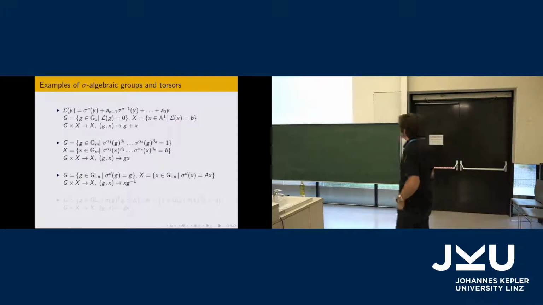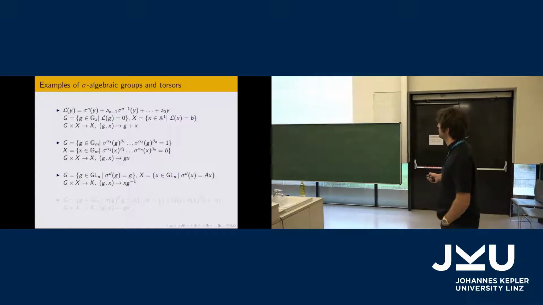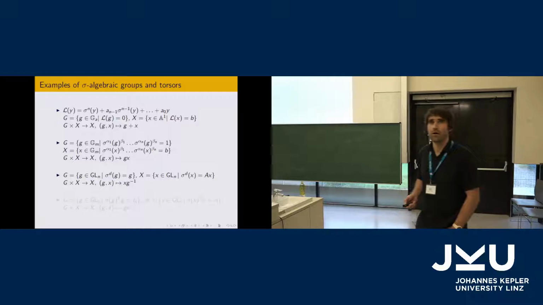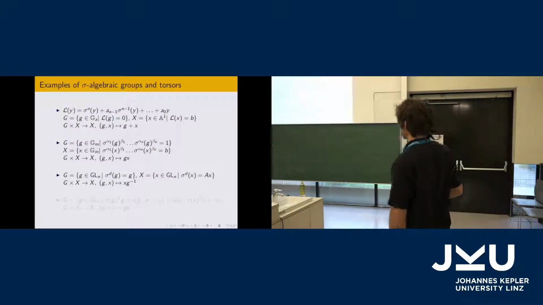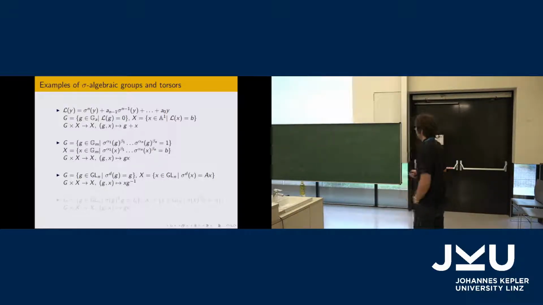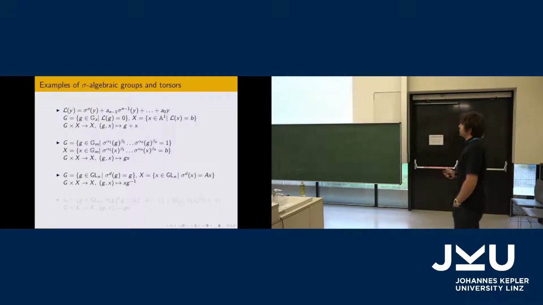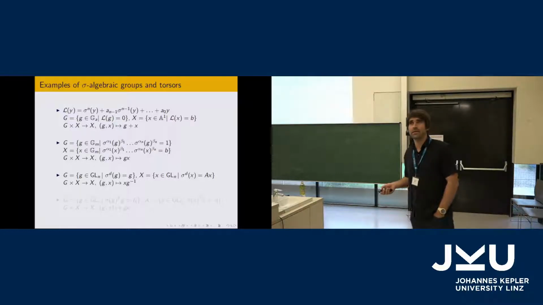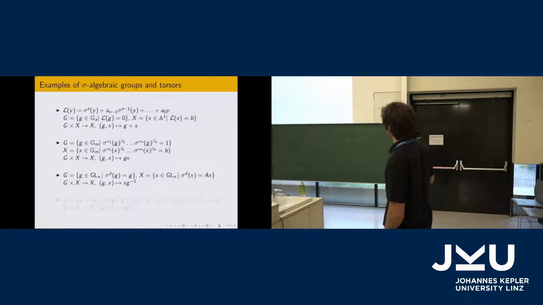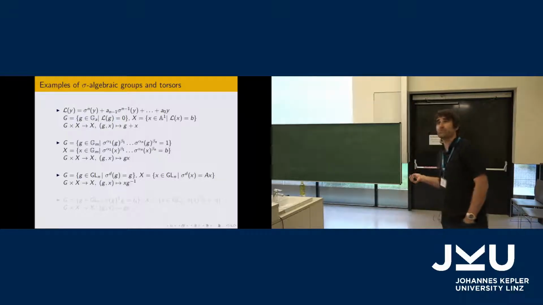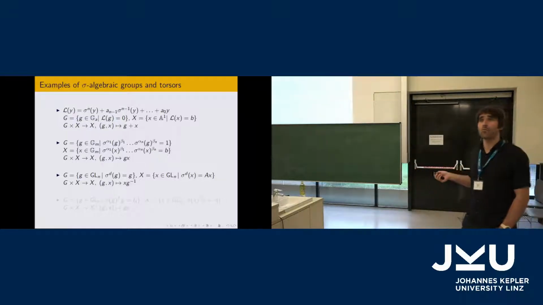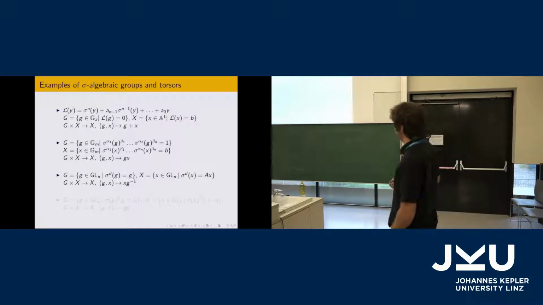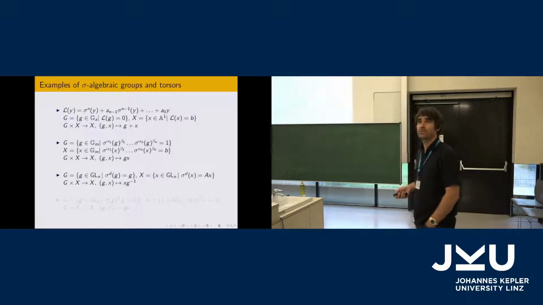And if you look at the solutions of the equation sigma to the d of x equals a x, where a is some fixed invertible matrix, then this is also a torsor under matrix multiplication. For example, if d is 1, this is really just saying that any two fundamental solution matrices only differ up to multiplication with a constant matrix.